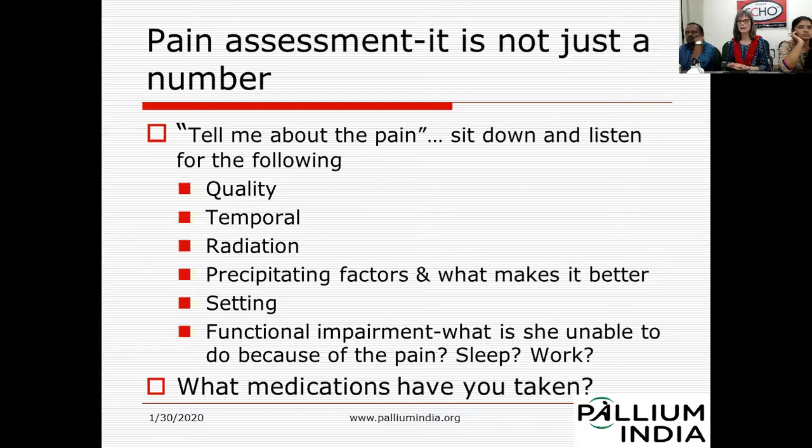I sit back with my pad and I say, tell me about the pain. And then I go, uh-huh, or, yep, keep going, keep going. And I listen for different things that I need to hear. So what am I listening for when I say quality? Any ideas?